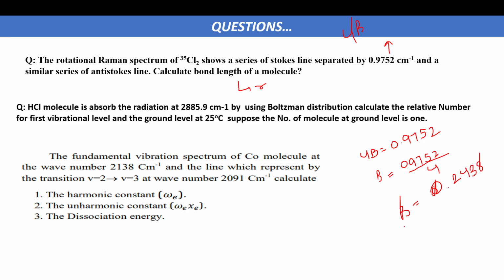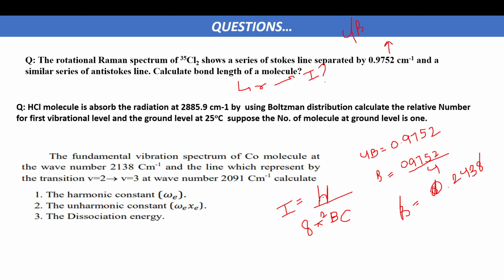See, now you know B, you have to calculate R. And for R you should know the value of moment of inertia I. So what is the relation between B and I? We know I is h upon 8 pi square B into c.